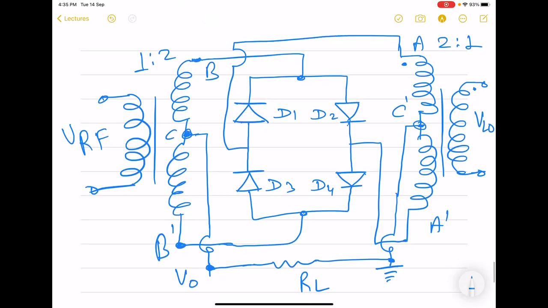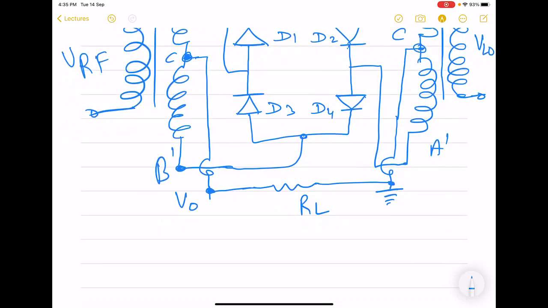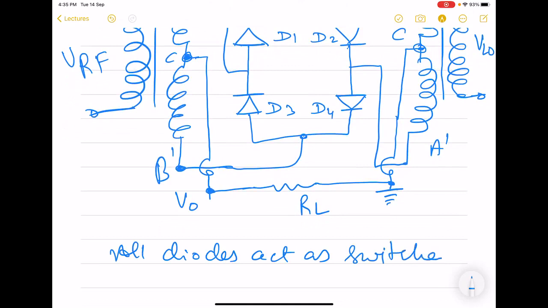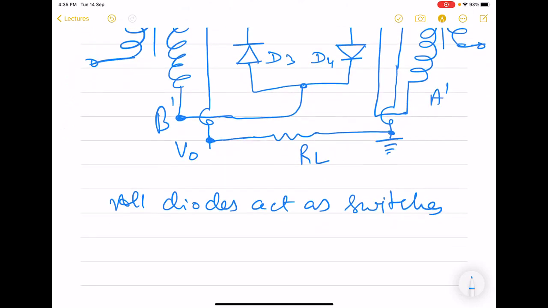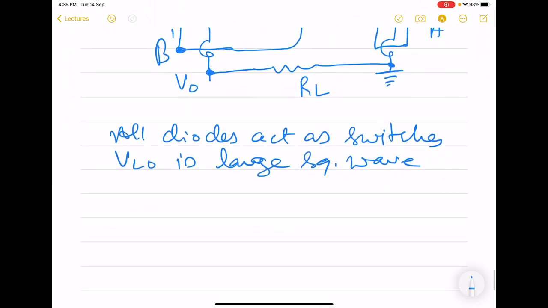We are going to consider two cases, and here also of course all diodes act as switches, and VLO is a large square wave.